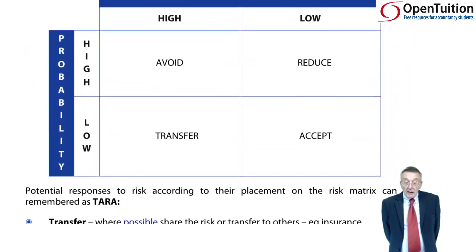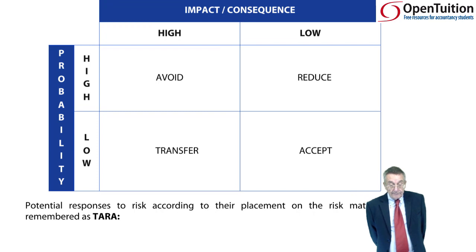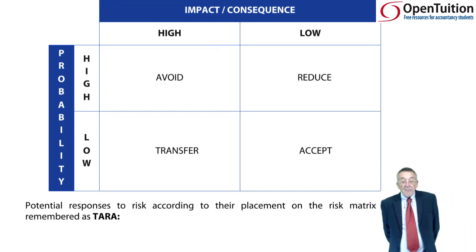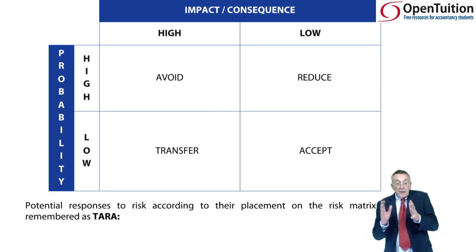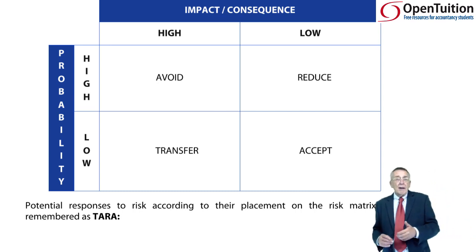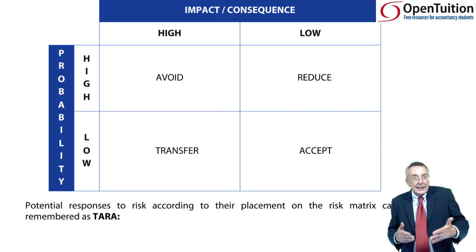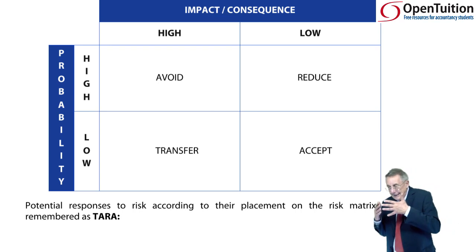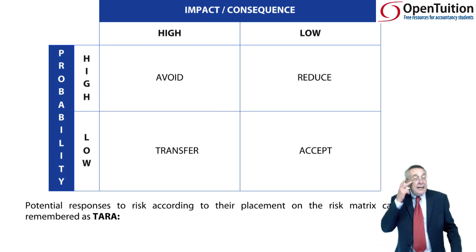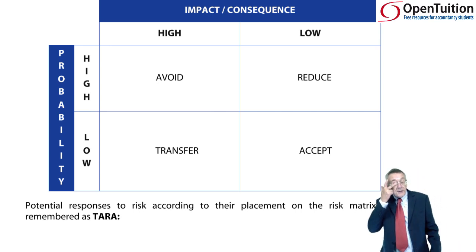This is this TARA thing, and I'll jump straight to the matrix there. That's one way of approaching it. As we identify risks, like employee error, we need to think how likely is it that there'll be employee errors, and even if there are, how likely is it to impact heavily on us?